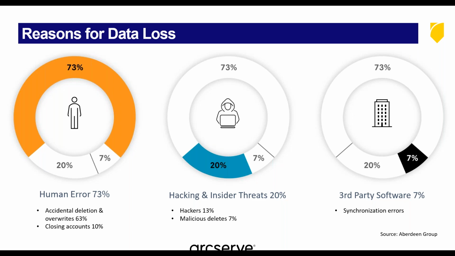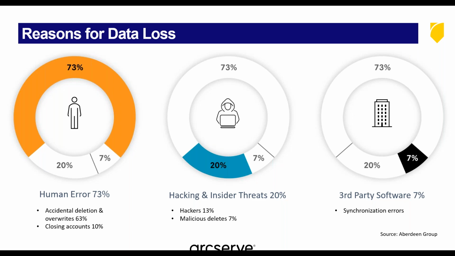It says that 73% is due to human error. This is the highest percentage in what caused the data losses. We ourselves are the ones that delete the data, overwrite the data, or the administrator accidentally closes the wrong account, for example, and that causes the data losses.